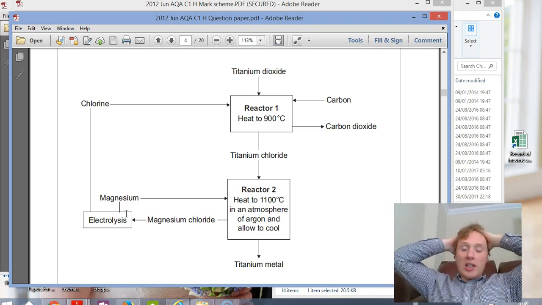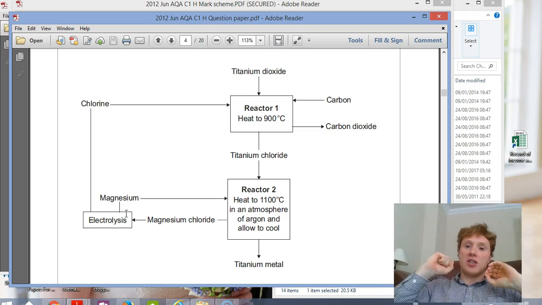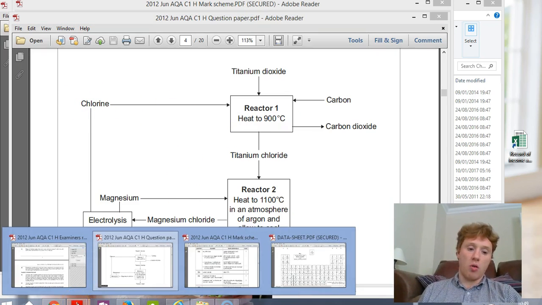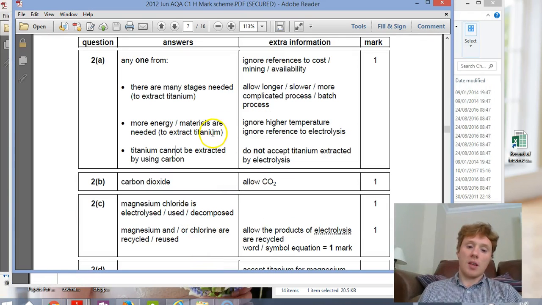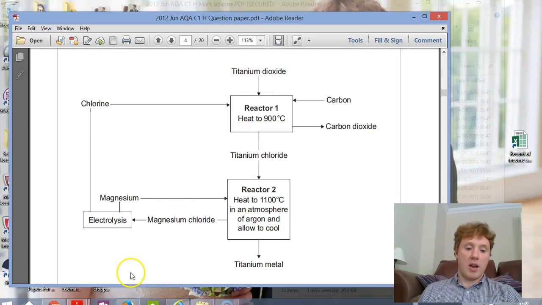So electrolysis, you take an ionic compound which has at least 2 elements in, and when you do electrolysis, you separate them into their elements. So you get the chlorine back and the magnesium back to do more reduction of titanium oxide. Of course, it's very energy intensive, which is why you don't do it all the time.